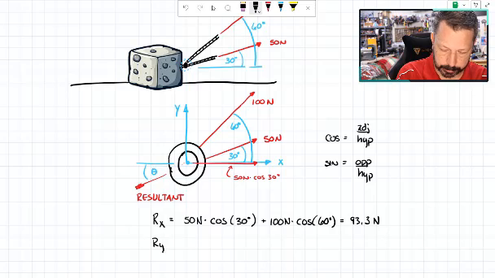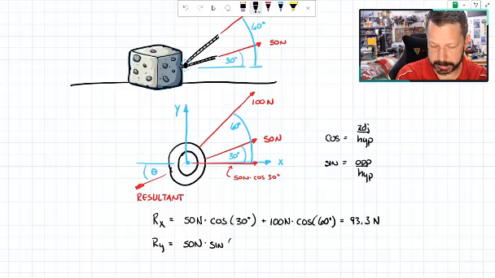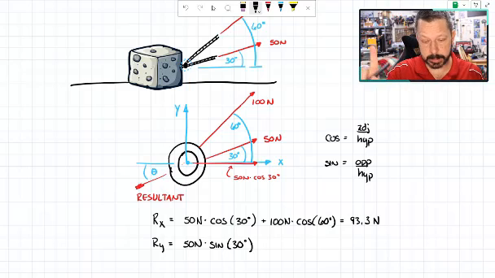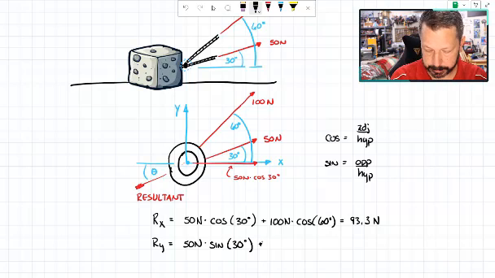We can also do the Y. The Y component of the 50 newtons would be 50 times sine of 30 degrees. It's pointing up because both the 50 and the 100 are pointing upwards and to the right, so they're both positive here. We'll do some in a minute that are not.